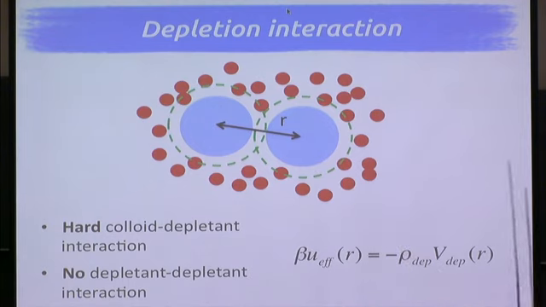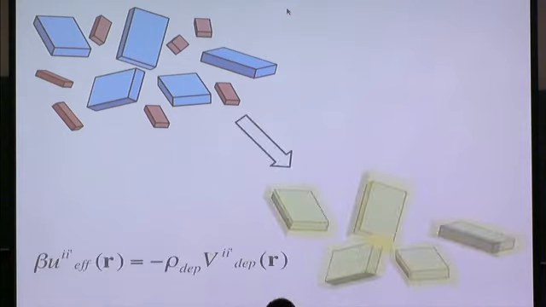So, all this description is to say what? That if binary mixtures of big and small board-like particles behave like big and small spheres, maybe we can observe similar behavior if, instead of this binary mixture, we consider a system of attractive board-like particles.